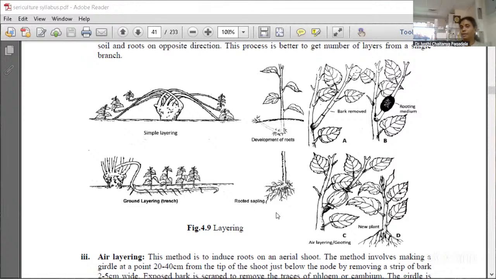This analysis of the leaf components is given by CSR and TI Mysore.